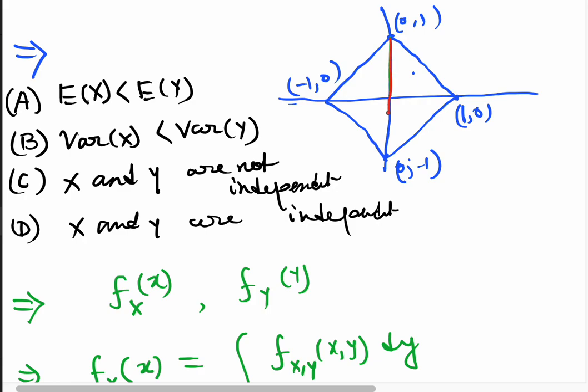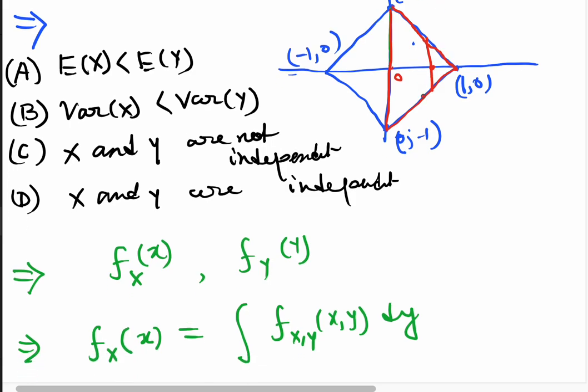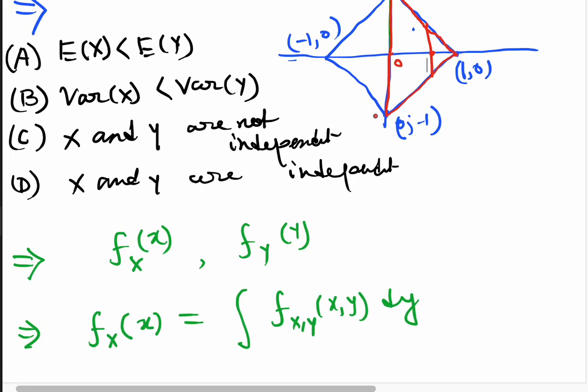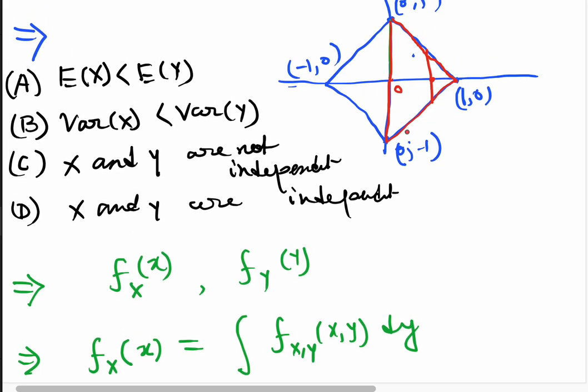In this region, x varies from 0 to 1, and we need to see how y varies for any arbitrary x, from where to where this y goes. First let me write the equations of these lines.